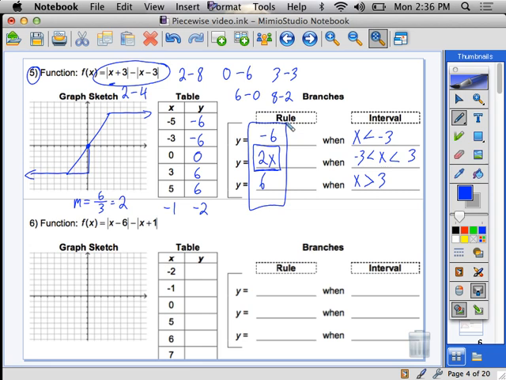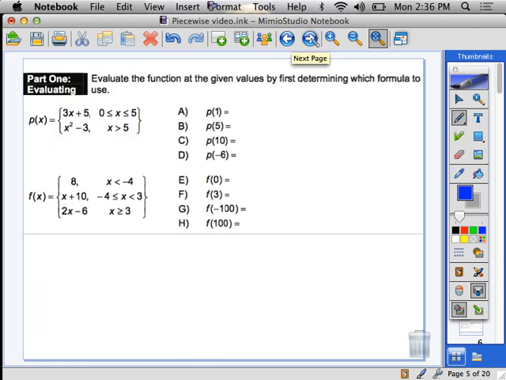Because I know negative 5 million is x would be less than negative 3, I don't have to plug in 5 million for my x's in this formula. I can just say y is going to equal negative 6. It's a lot easier to do that. Okay? All right, go ahead and work on problem number 6 on your own, and then we'll move on.